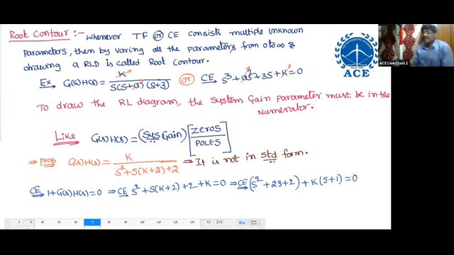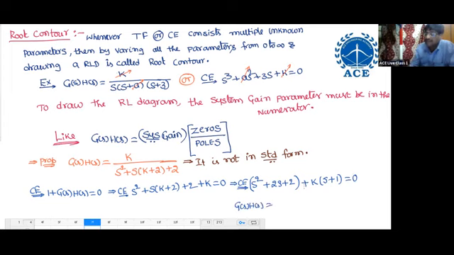Now you have to write G of S, H of S. While writing G of S, H of S, the K and its product terms must be in the numerator. Remain all are in the denominator. So what is G of S, H of S?